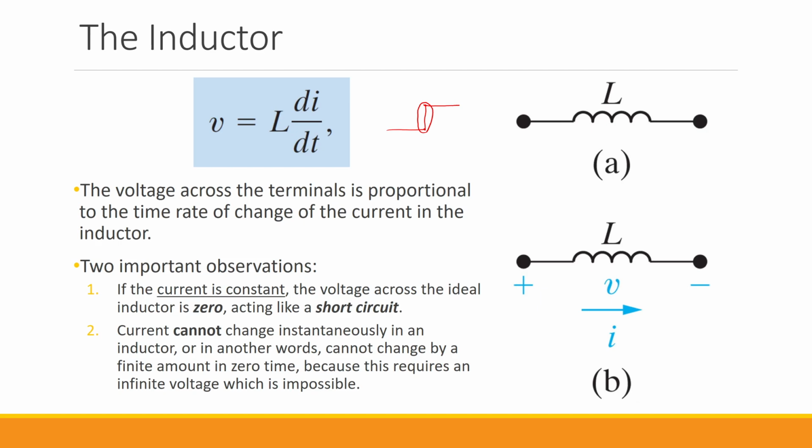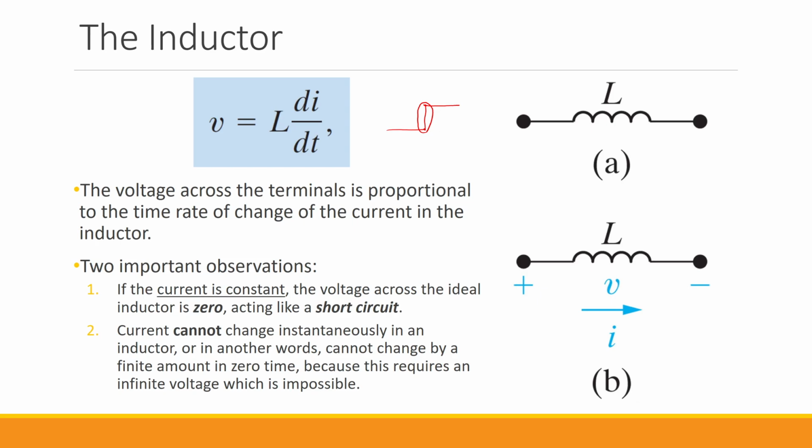So always remember that the change in the current cannot be instant. As we work with first order and second order circuits later on, you will see how this can help us solve those circuits more accurately.